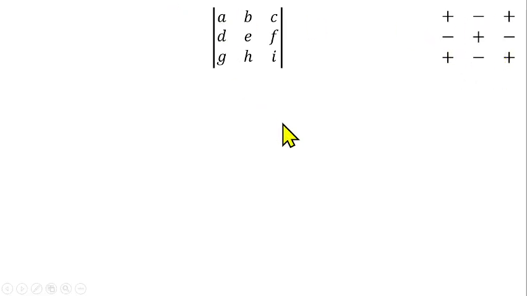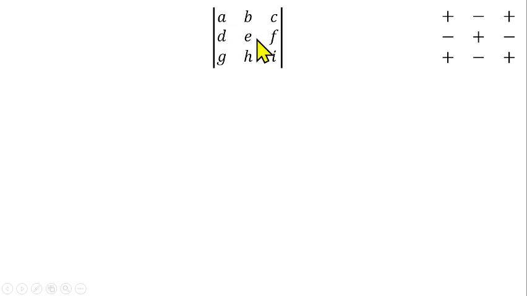We use the first element, in the first row, first column, which is A, with its positional sign, which is plus. So we have plus A.